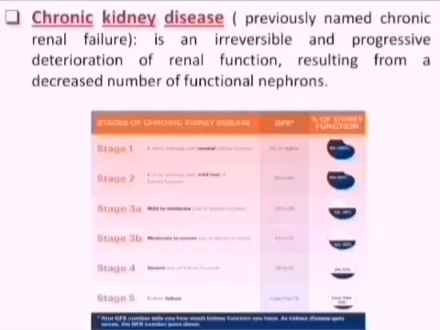Stage 1 has kidney damage but with normal or near normal kidney function, meaning GFR more than 90, up to stage 5, which is kidney failure, or rather end-stage renal disease. In end-stage renal disease, the GFR of this patient is less than 15.